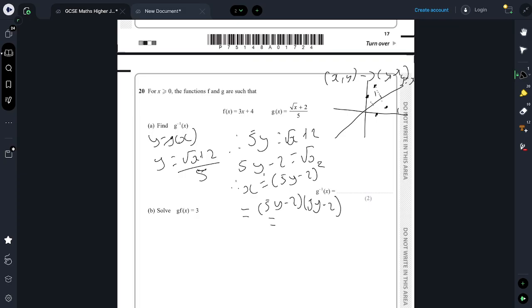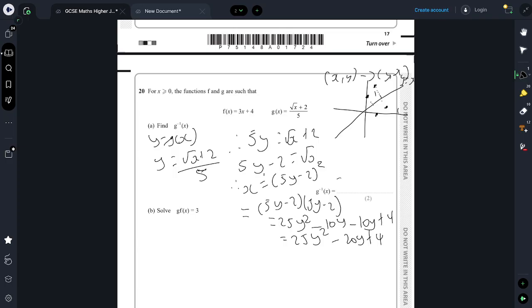Now, expand it out. 25y squared, 5y times 5y. 5y times minus 2 is minus 10y. Minus 2 times 5y is minus 10y again. Minus 2 times minus 2 is plus 4. And so that simplifies to 25y squared minus 20y plus 4.